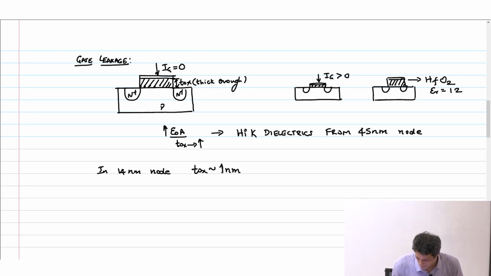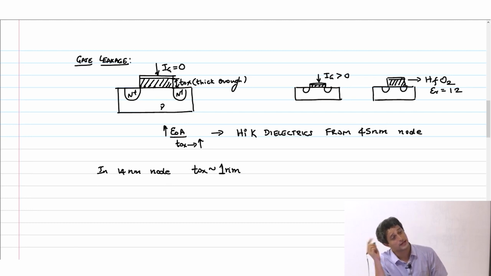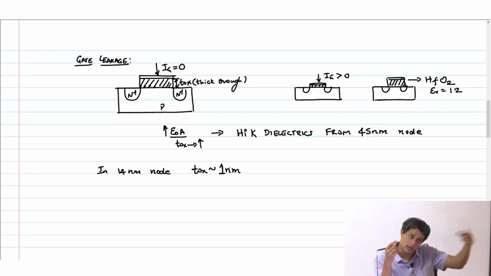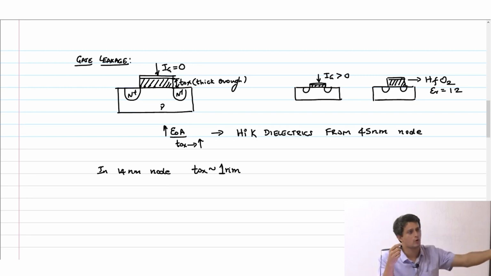So again the scale is very important when we say thick, thin and all that. Even with hafnium oxide, we were able to come to about 1 nanometer. They have continued scaling after introducing hafnium oxide in 45, and brought it down to 14 nanometer, where the oxide thickness is about 1 nanometer.